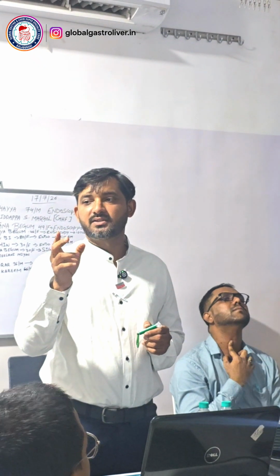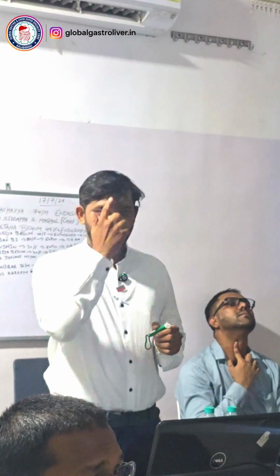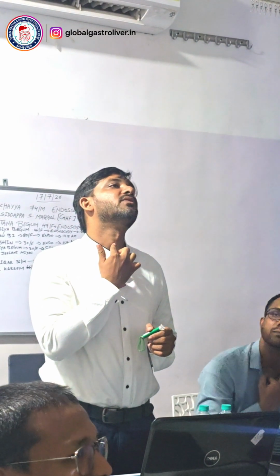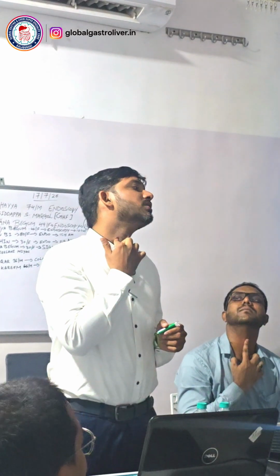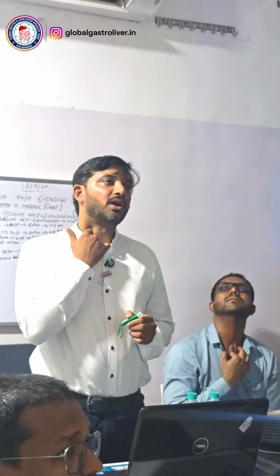Definite pulse you will get. Center, no shortcuts. Center, Adam's apple, go 1 inch below, go laterally until you feel the pulse. I know everyone is an expert, directly they will feel, but you should practice like this only.